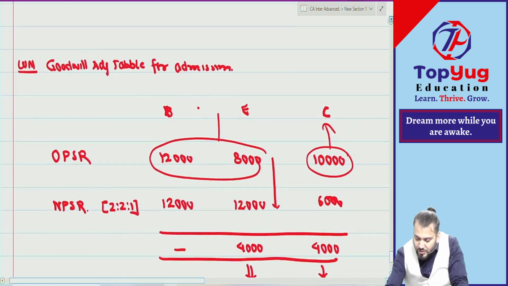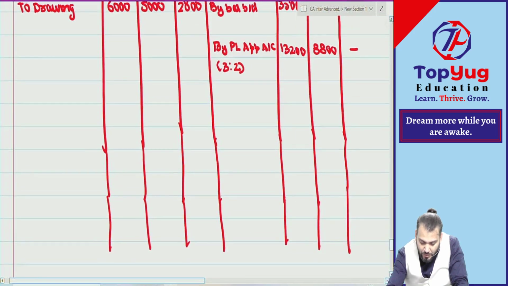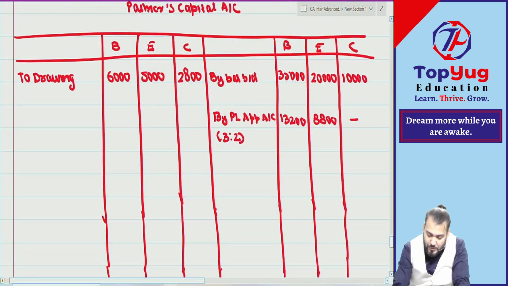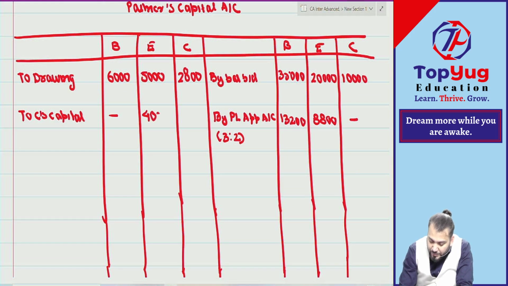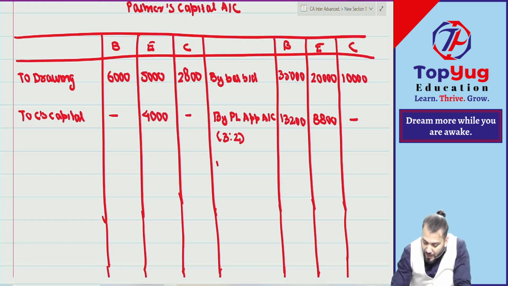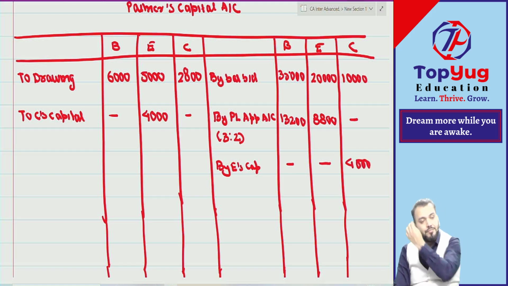E to C. Write down: E's capital account debit to C's capital account. So E will be debited, and C will be credited. Understood this point?